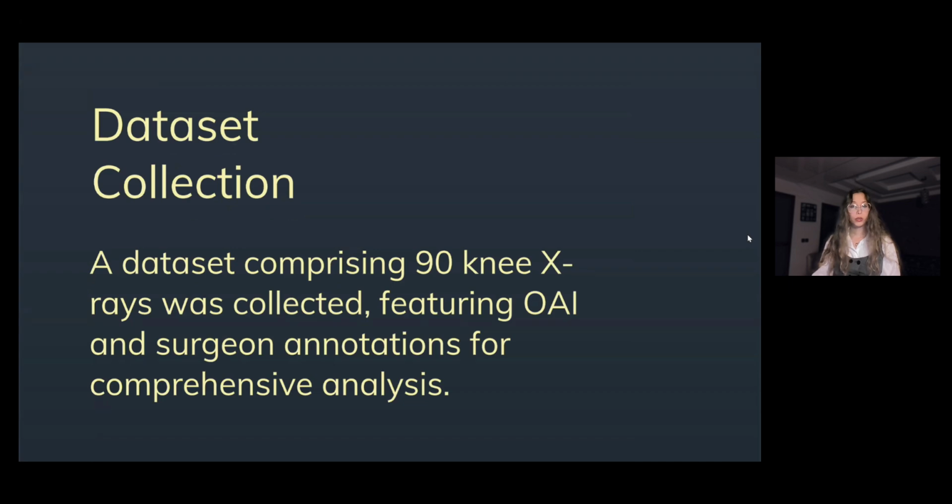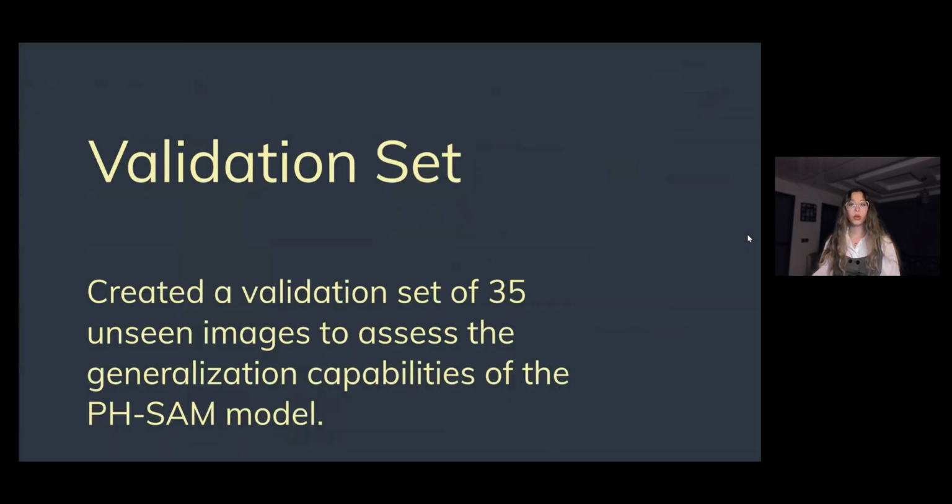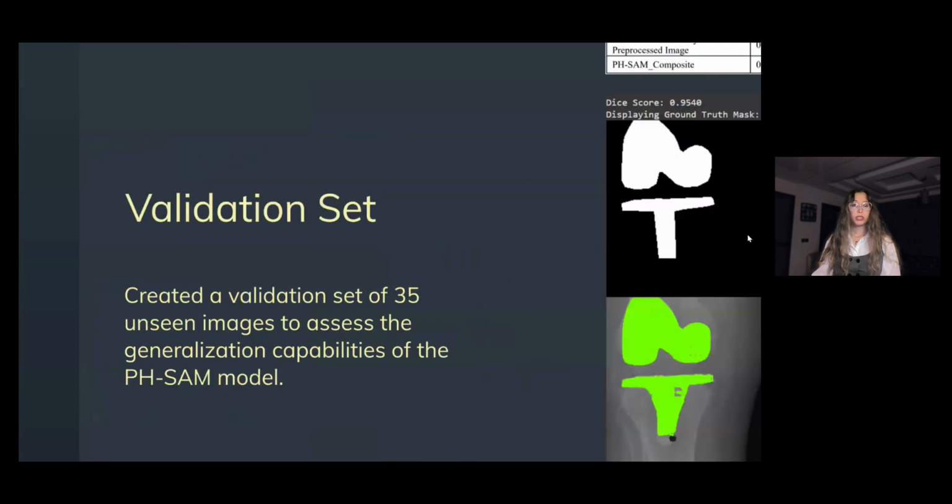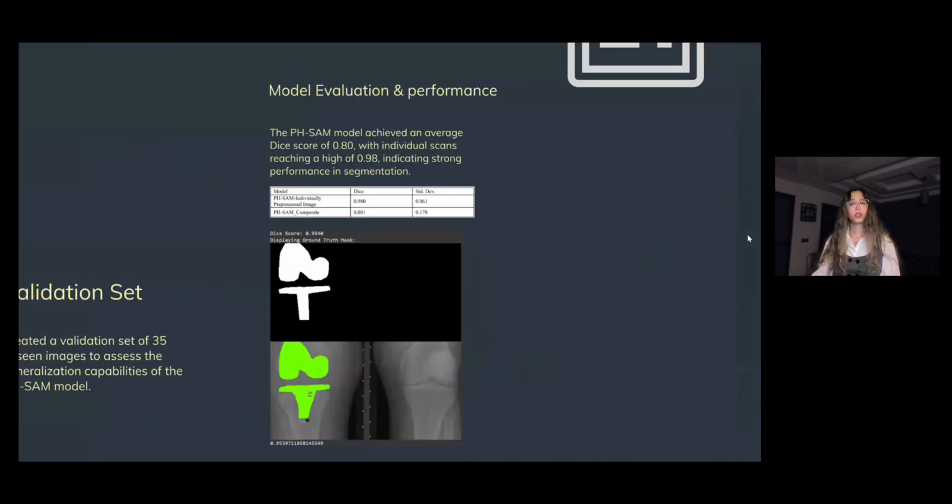Out of 100 randomly selected OAI knee radiographs, 55 images were annotated. 35 in-scene images were also added to assess the generalization capabilities of the PHSAM model. Moving to results, PHSAM achieved a composite Dice score of 0.80 across the 35 test images, with some scores reaching up to 0.98 on individual samples.